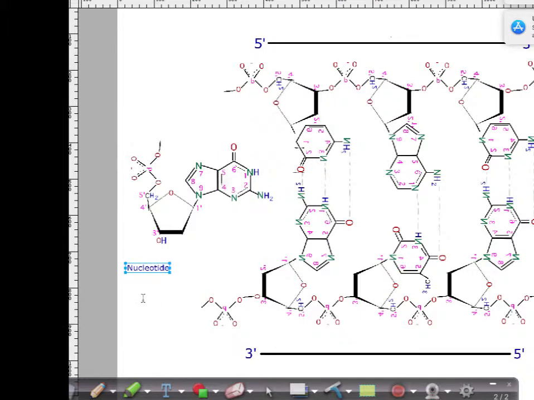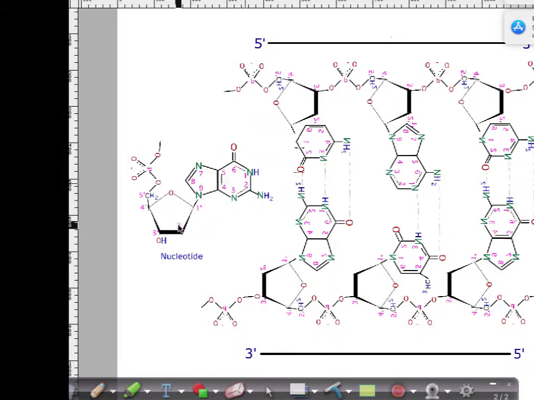is used to describe any one of these building blocks of DNA that has a phosphate group attached at the 5' carbon. Note that the numbering on the nitrogenous base takes precedence, and so the numbering on the sugar ring is denoted by primes, so 1', 2', and I missed a number 2 there, so let's just steal one from here.